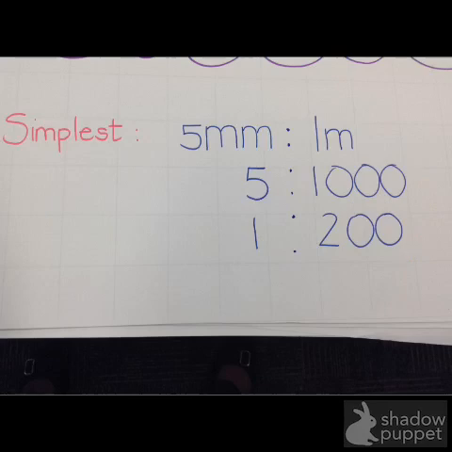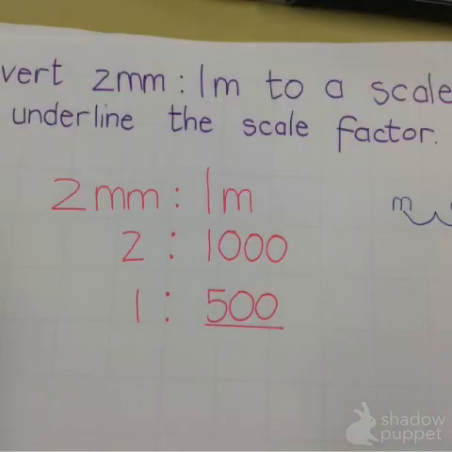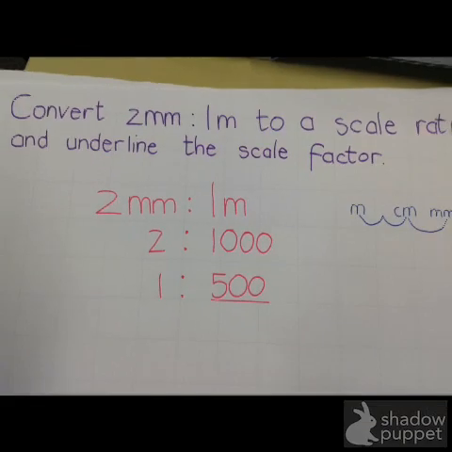All right. Let's go on to another example. If we had to say, convert 2 millimeters to 1 meter to a scale ratio and underline the scale factor. Okay, so that is what the factor is and how many times we have to multiply to get it. So we go 2 millimeters to a meter. We always write that down.